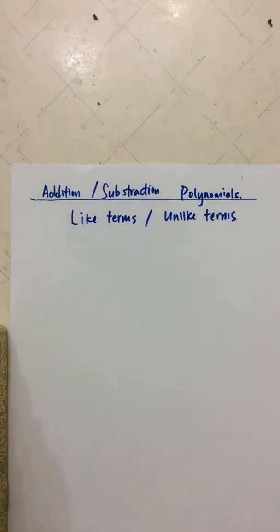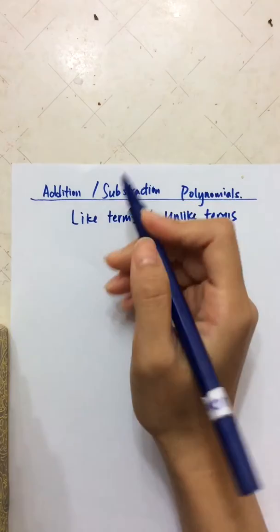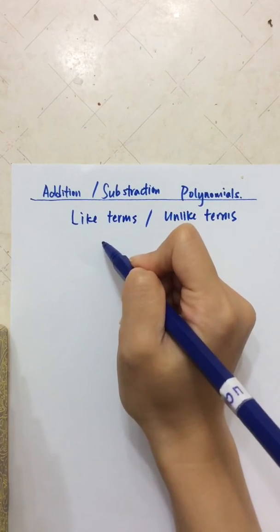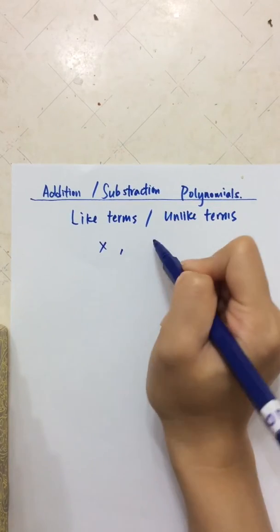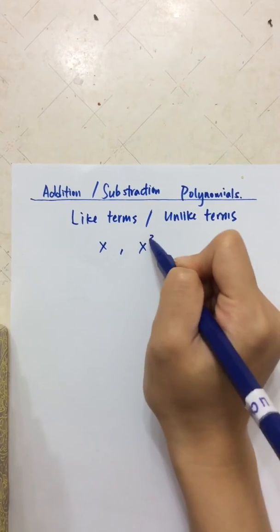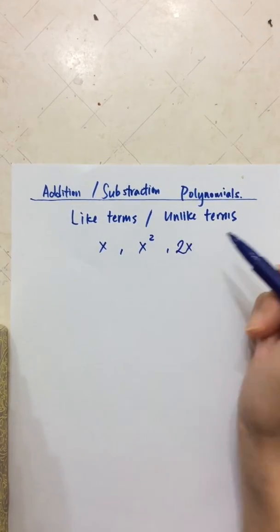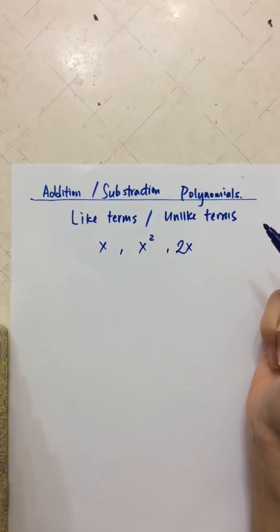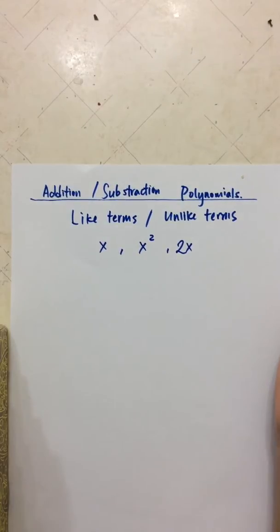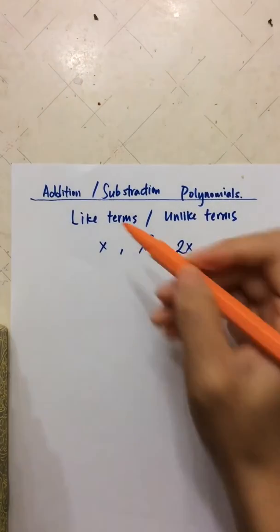When you see this kind of example, this one should be x, and then I give you another, x to the power 2, and then 2x. So what are like terms? You need to think about the index for this one.